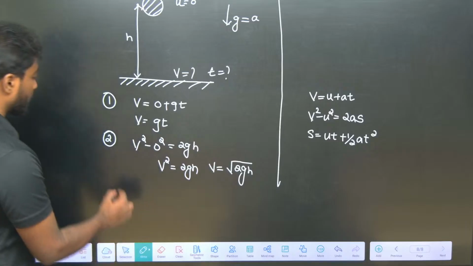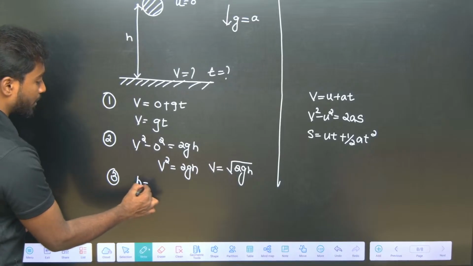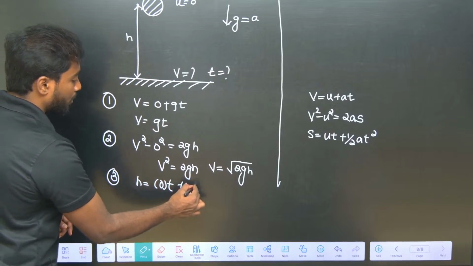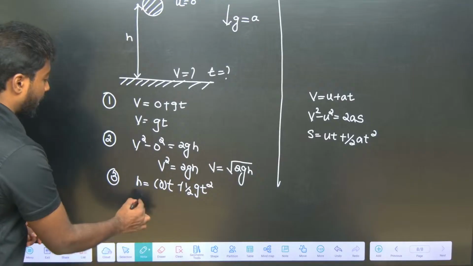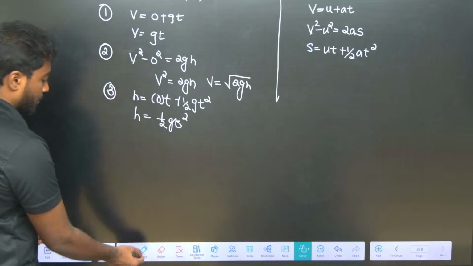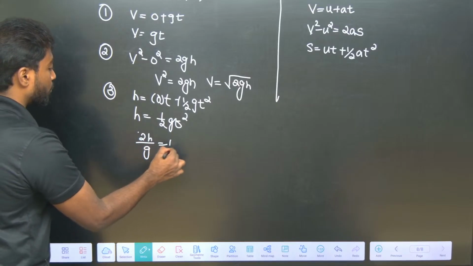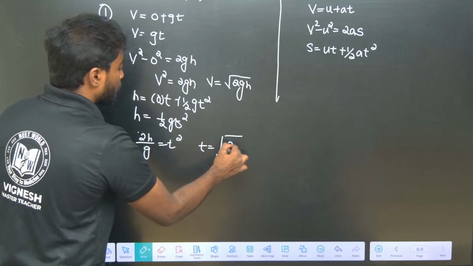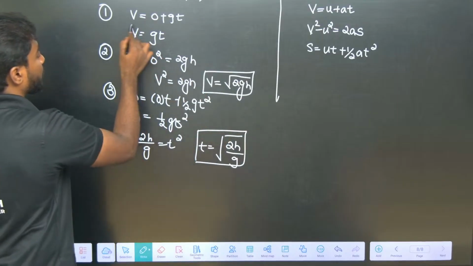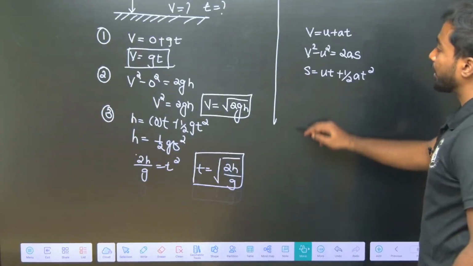The third one: s is nothing but h, so h = ut + 1/2 gt² with u = 0, so h = 1/2 gt². So 2h/g = t², and t = √(2h/g). The first, second and third, a total of 3 formulas we got for the free falling body.